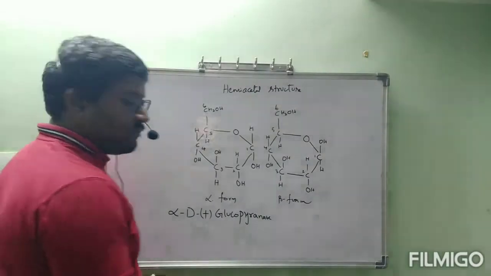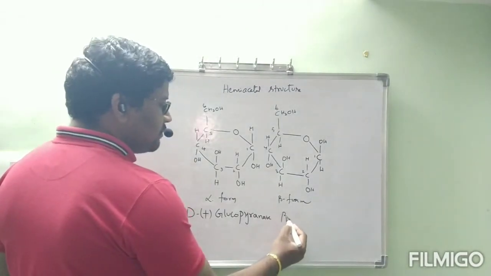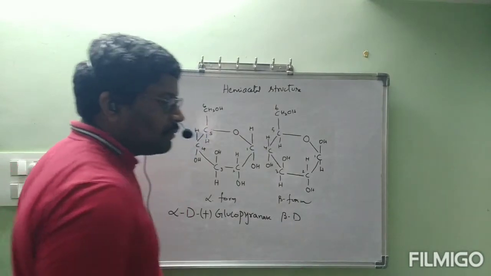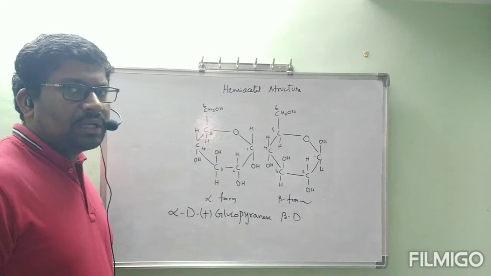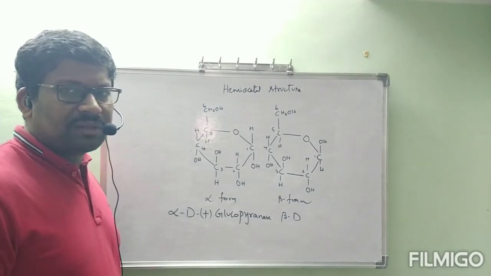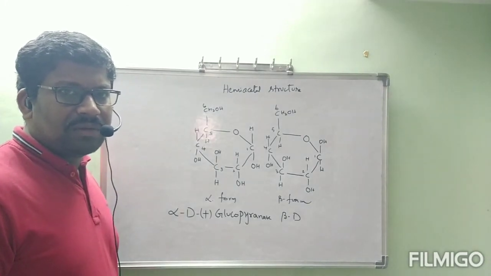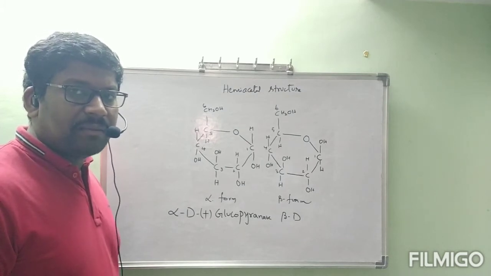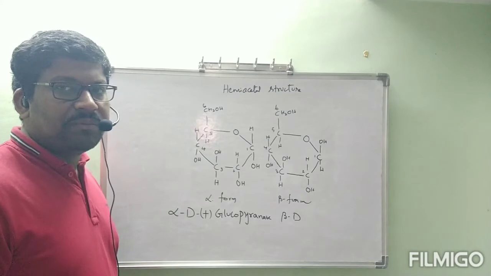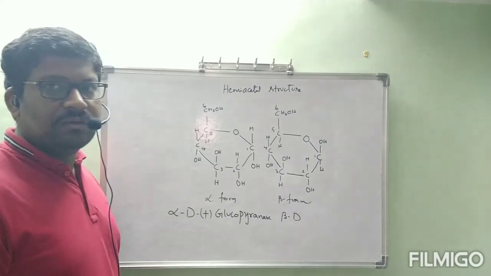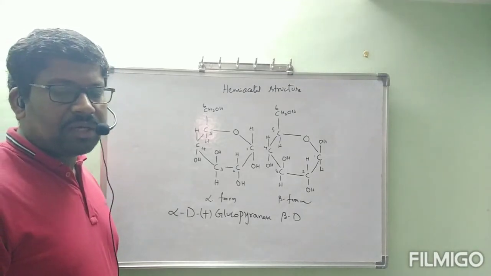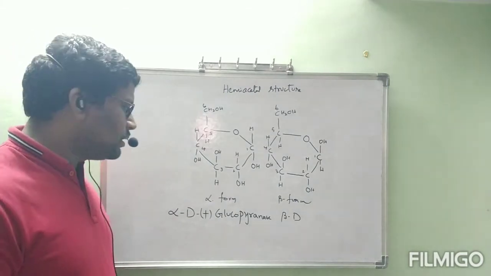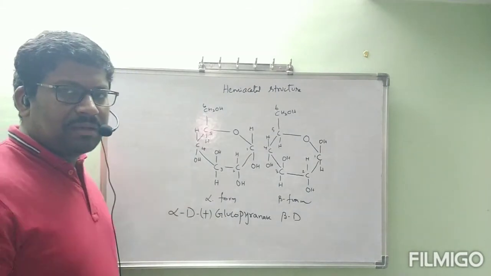Now what about the beta form? The beta form name is beta capital D. Please remember, in carbohydrates, glucose and fructose, whatever it might be, both are relative to plus glyceraldehyde only. That's why in both we use capital D only. Capital L we are nowhere using in these carbohydrates.